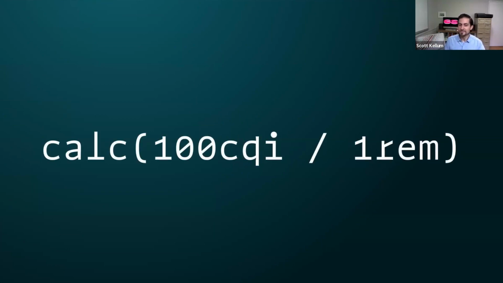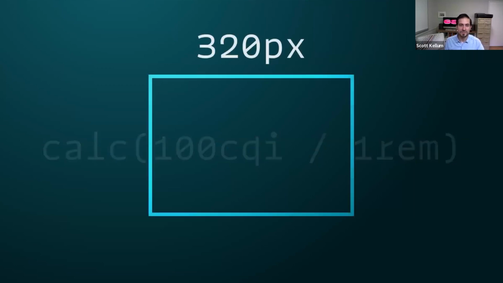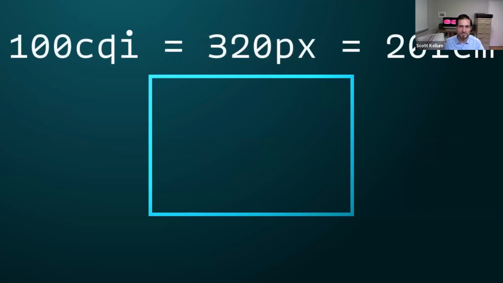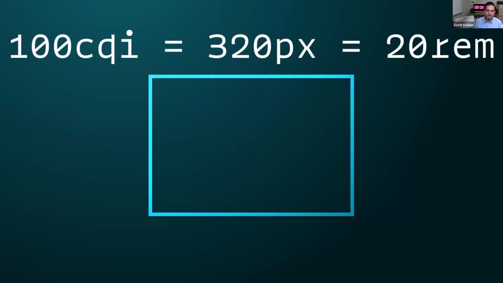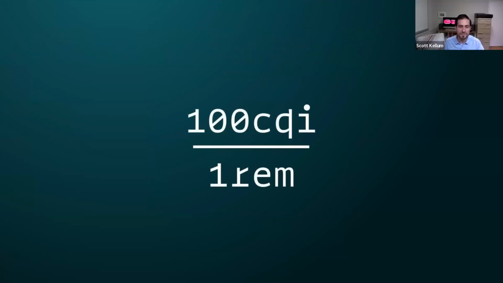So let's look at our function, 100 CQI divided by 1 rem. This CQI value in this function is constantly changing based on how it is rendered. So let's say we have a box that is 320 pixels wide. So that's the inline size of this box. So 100 CQI equals 320 pixels equals 20 rems in this particular context.